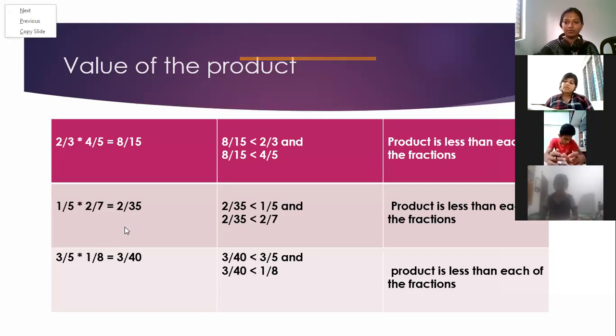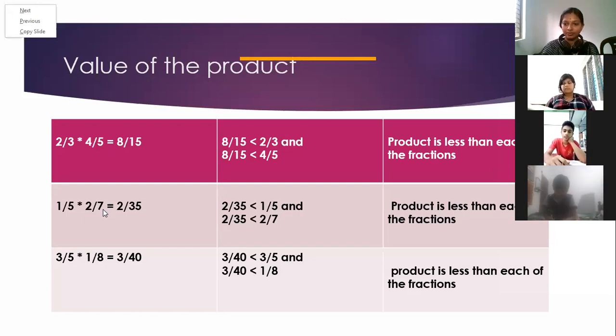The value should be 0.0, etc. So 1 by 5 is 0.2 and 2 by 7 is also around 0.2, but 2 by 35 should be 0.0 something.